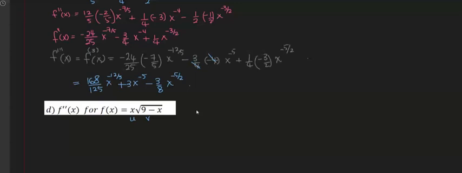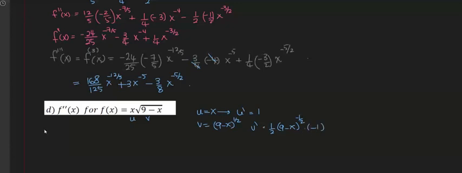So we might say that we have u, which is equal to x, and therefore u dash is equal to 1. If v is the square root of 9 minus x, or 9 minus x to the power half, then the derivative is 1/2, and the 9 minus x as it is with the power half minus 1, which is negative 1/2, times the derivative of the inside, which is negative 1.